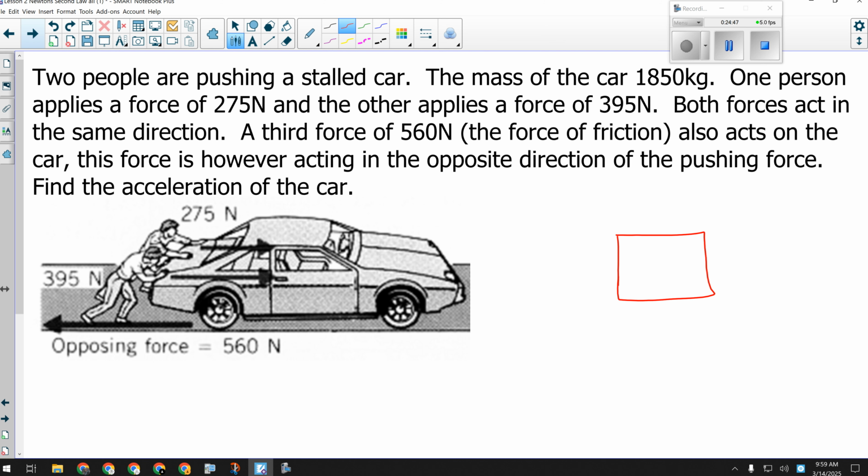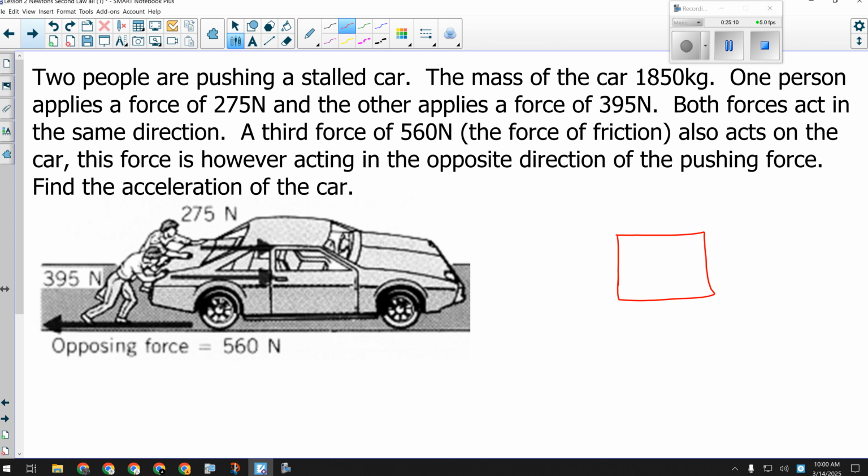There's two people pushing, and friction is also present. How many forces are we looking at? 5 forces: person 1, person 2, friction, gravity, normal force.